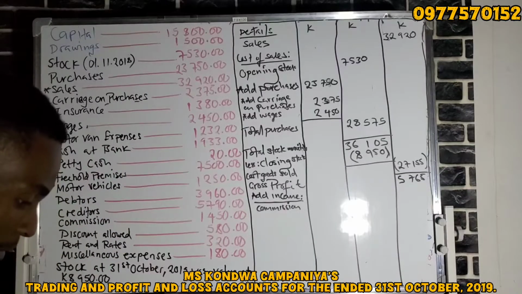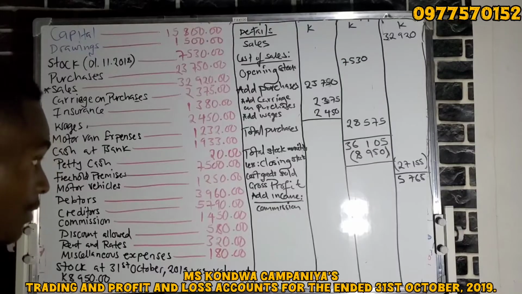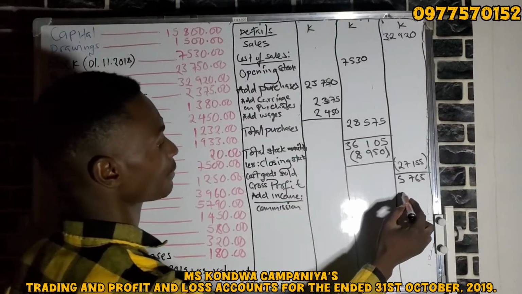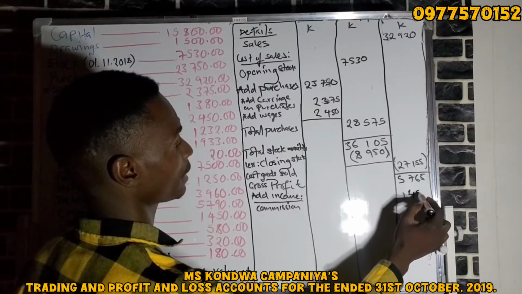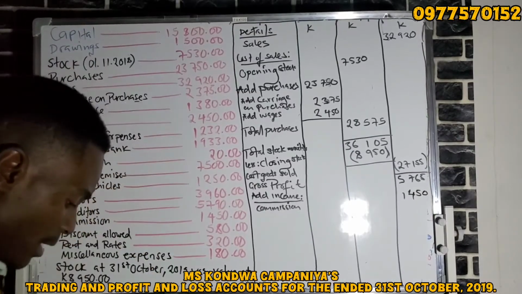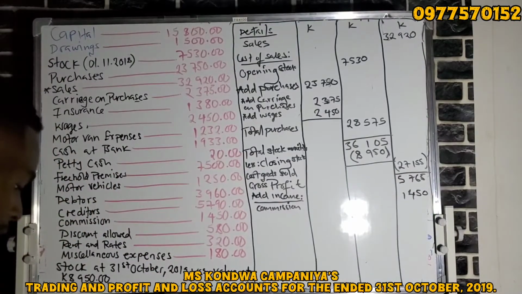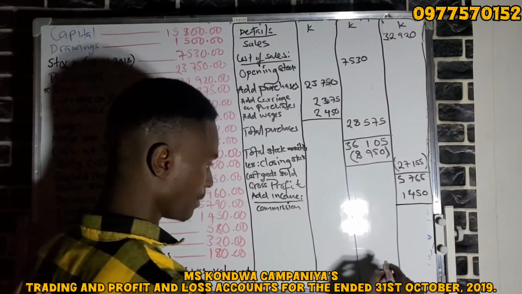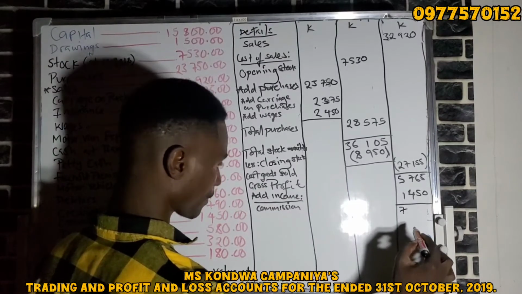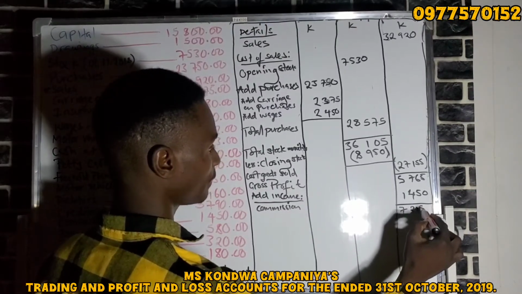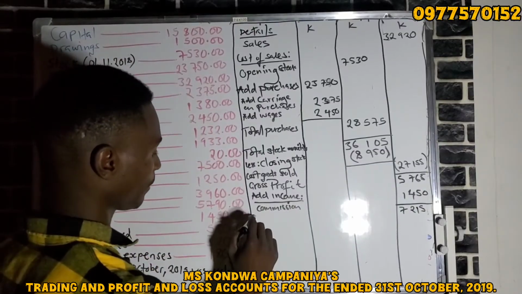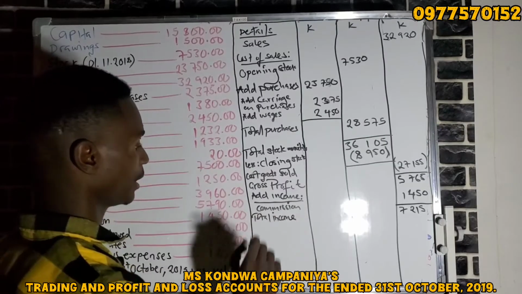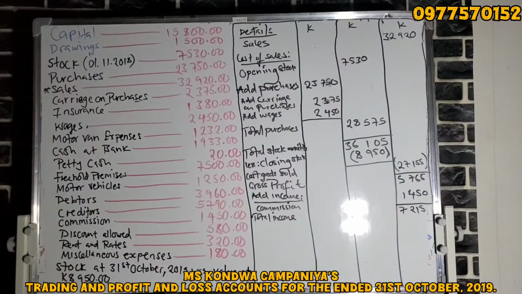Commission is 1,450. So total income is giving me 7,215. That amount is called total income. I hope you are following, my good friends.